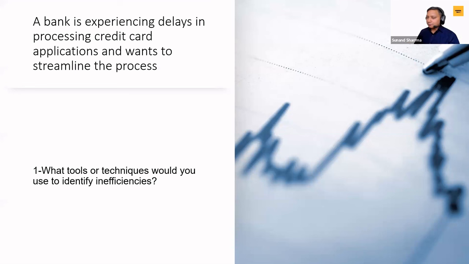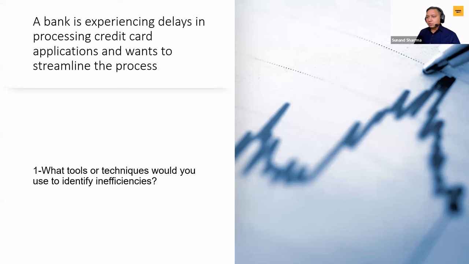And then using the throughput and work in progress data, we can identify the bottleneck where applications are piling up. So we can use a technique like theory of constraints that can be applied to address these bottlenecks. And then we can also analyze the historical data on application processing times, their error rates, and the approval rates using the data analytical tools that can uncover the patterns and trends that indicate these inefficiencies.